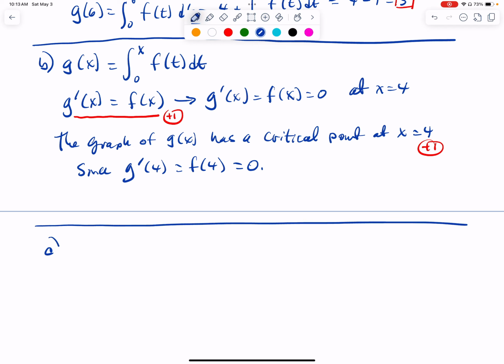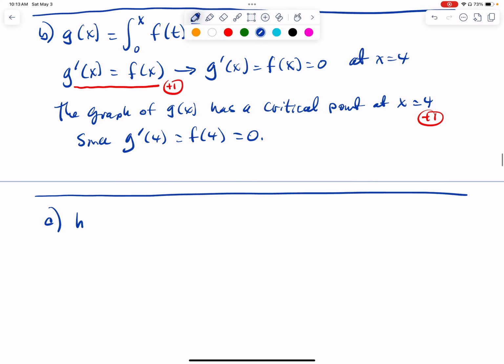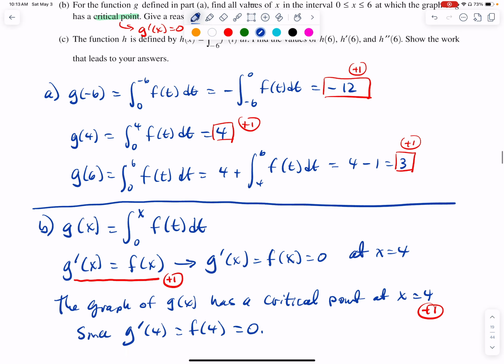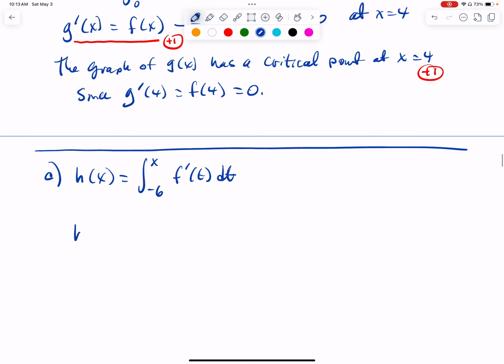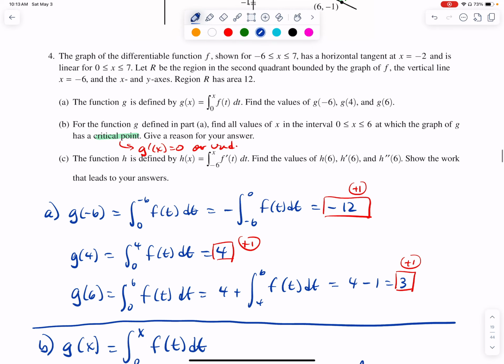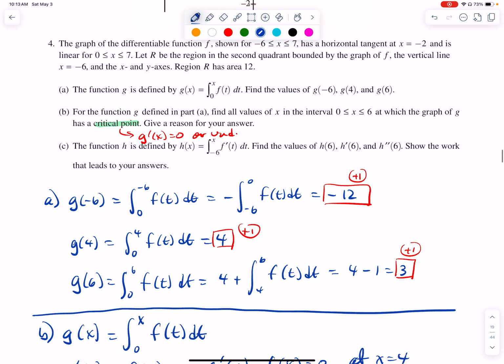Okay, so for C, I'll write down the function that h of x is equal to the definite integral from -6 to x of f prime of t dt. And I first want to find h of 6. There's a lot of 6's here. What's College Board trying to say here?